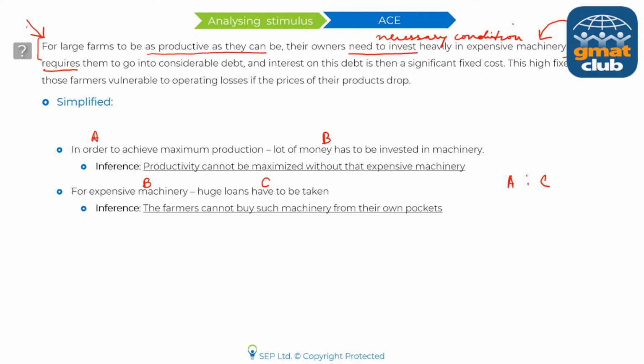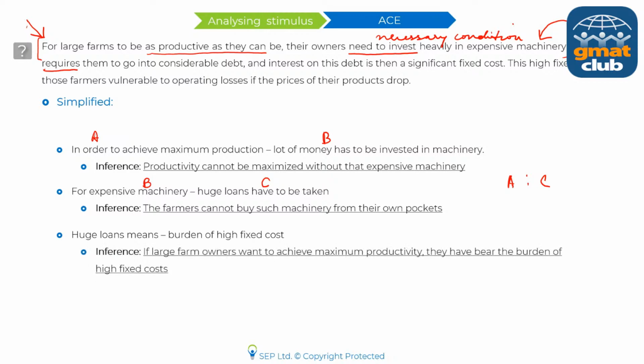Okay, let's continue. So this typically requires them to go into considerable debt, and interest on this debt is then a significant fixed cost. All right, so again, simplifying that, huge loans means burden of high fixed cost. In other words, if large farm owners want to achieve maximum productivity, they have to bear the burden of the high fixed cost. How did I draw this? So then this is C is to D, which means A is to D, isn't it?